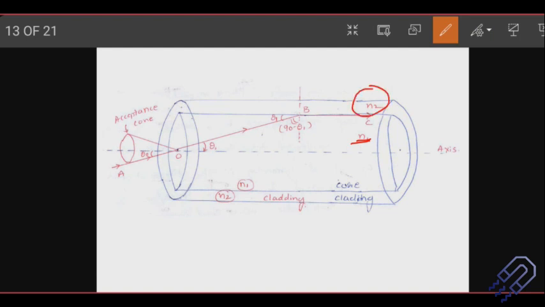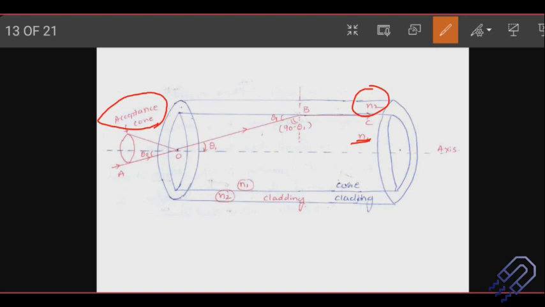The cladding will not have a lot of space; the main part is the core, and the cladding covers it. There is a certain range within which total internal reflection will happen. That is basically also a part of the acceptance cone.